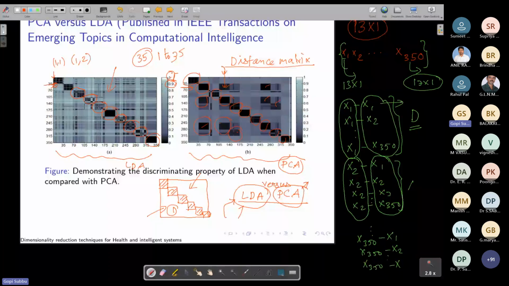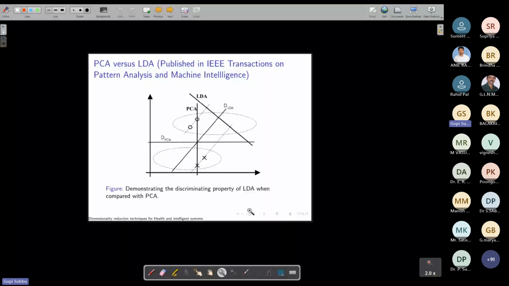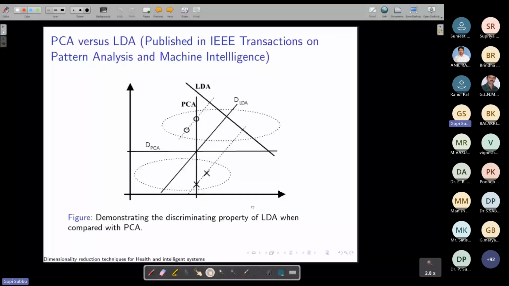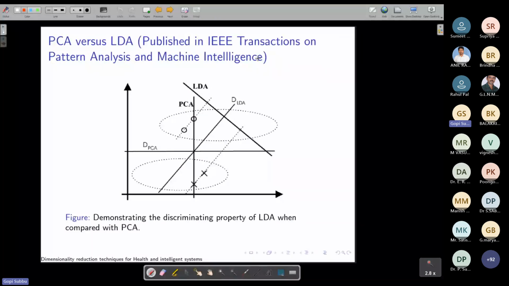We cannot always declare that LDA does the job better. There is a paper on PCA versus LDA that you can look for; I'm not going into details. It was published in IEEE Transactions on Pattern Analysis and Machine Intelligence, and it shows there are cases where PCA can do better, depending on the number of data you have.